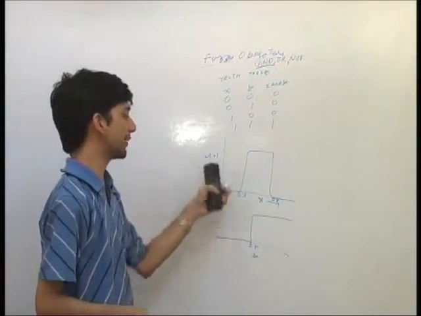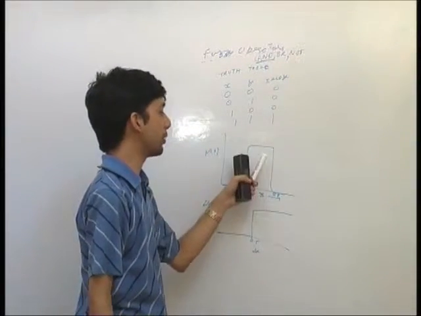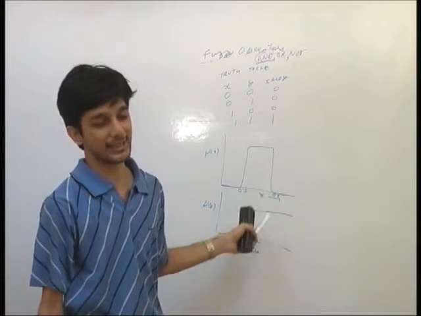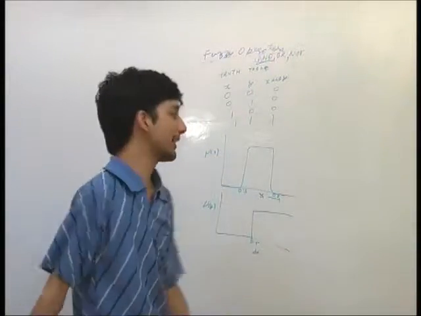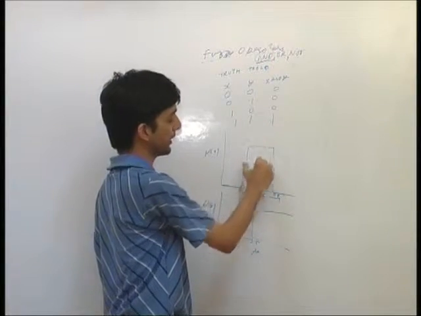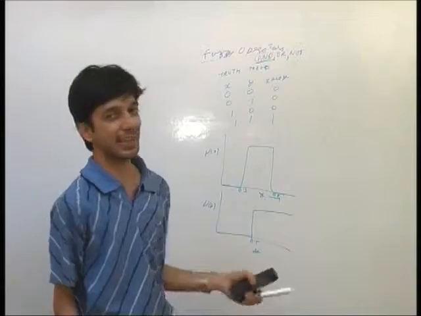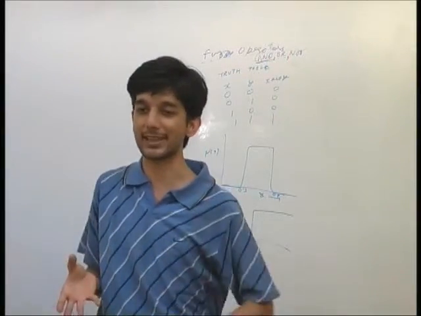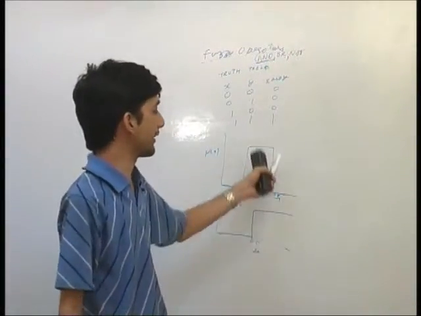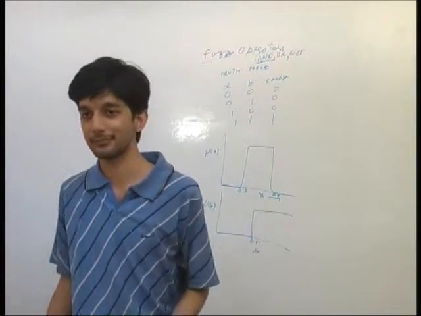Again I apply some kind of AND over it. Now both of these are nothing but sets. This denotes the range of values that belong to the set that I have drawn over here. When I am doing AND, I am basically taking AND of two sets, and the graph that I am drawing is exactly the set that I obtain.